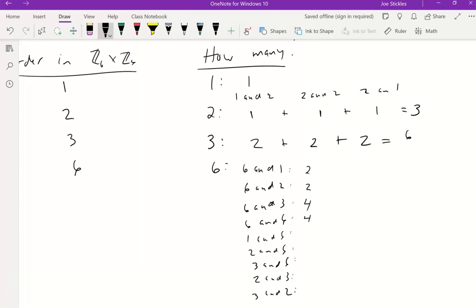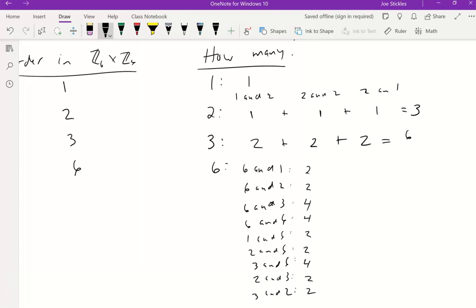And the same idea here, 2, 2, 4 for those. And then finally, the last one should be 2 and 2. Phi of 2 is 1 and phi of 3 is 2. Multiply those together, we get 2.